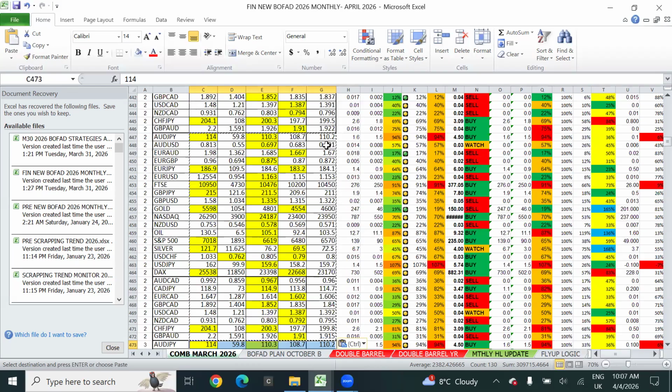Which means the second report was done on the evening of the second. So that's the way. Every night the reports will be updated.